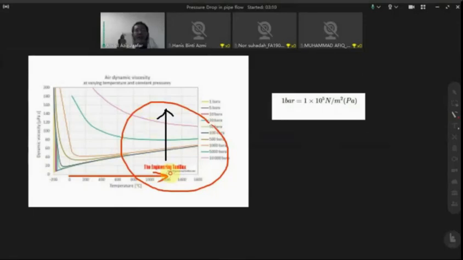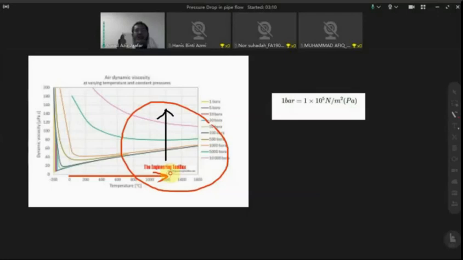And then we are also interested to see what happens to the viscosity at high temperature. At high temperature, the viscosity is increasing when the pressure becomes lower. So I think the plot should be decreasing pressure and increasing temperature.